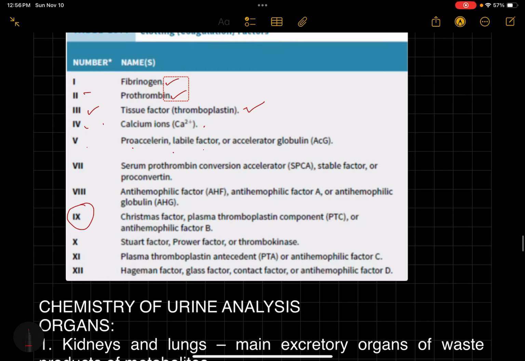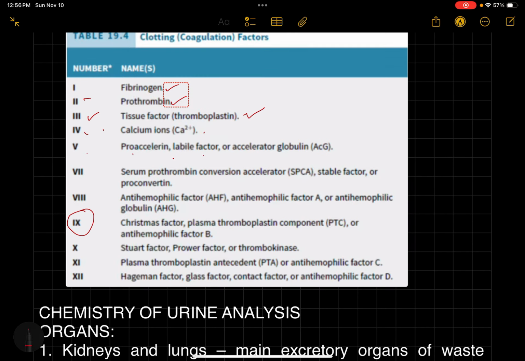Number 9, Christmas factor. Number 9 na siya. And plasma thromboplastin component or antihemophilic factor B. Number 10, Stewart factor.